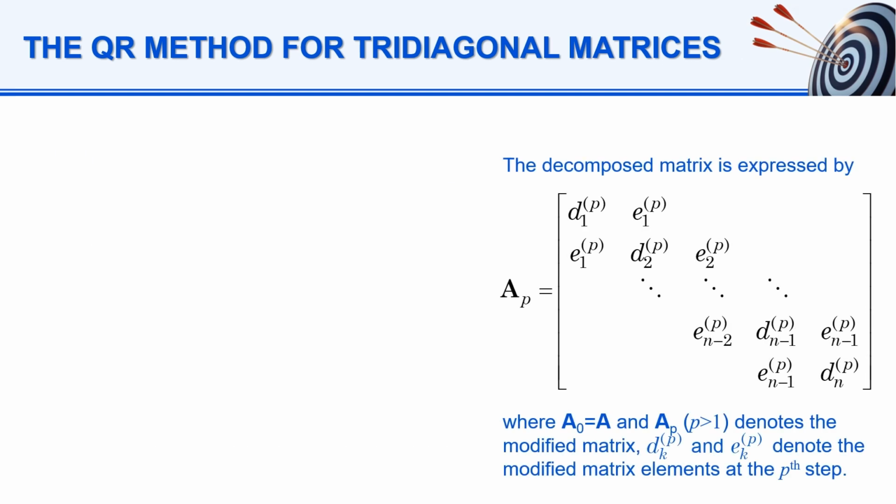The decomposed matrix is expressed as shown, where A^0 equals A and A^p denotes the modified matrix, and superscript p denotes the modified matrix elements at the pth iteration step.